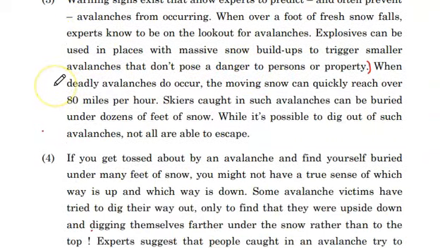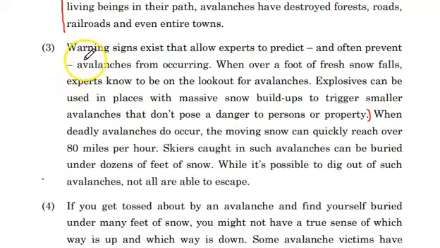Now look at paragraph number 3. Warning signs exist that allow experts to predict and often prevent avalanches from occurring. When over a foot of fresh snow falls, experts know to be on the lookout for avalanches.